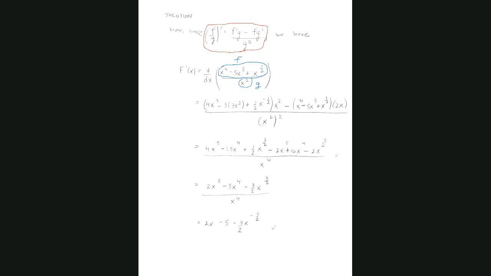Let me know if you have any questions. I'll denote a few things here. What I did was a little different than the last problem. This here, 4x cubed minus 5 times 3x squared plus 1/2 x to the negative a half, that's f prime. x squared is g.